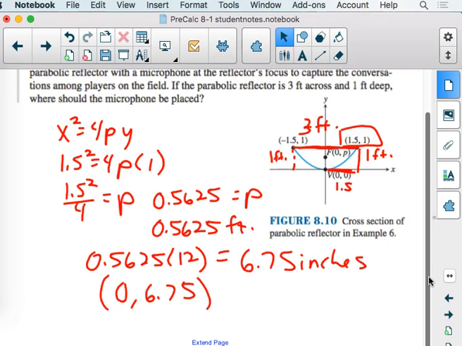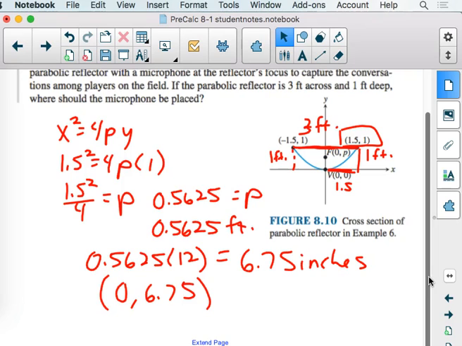Did this say that this microphone was going to be pointed up anywhere in the bottom? So maybe you used y squared equals 4px. Turns out it doesn't matter. Either one of them will give us the same answer.